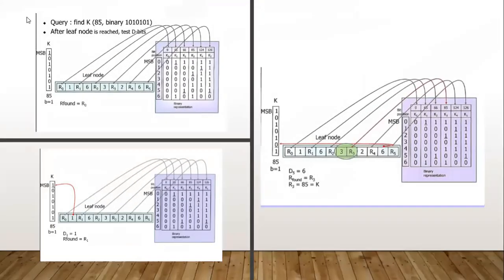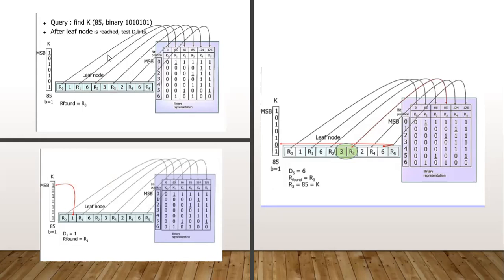Query: find K 85, binary value 1 0 1 0 1 0 1. This is the K value, and this is a leaf node with R naught, R1, R16, R23, R32, R46, R5.